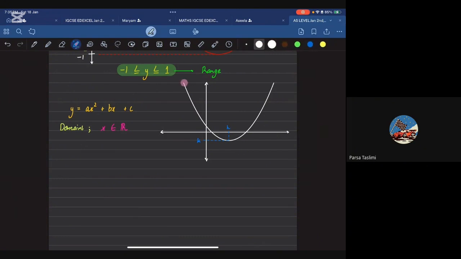It's a many to one function, right? Is this clear, Parsa? Yes. It's a many to one function.